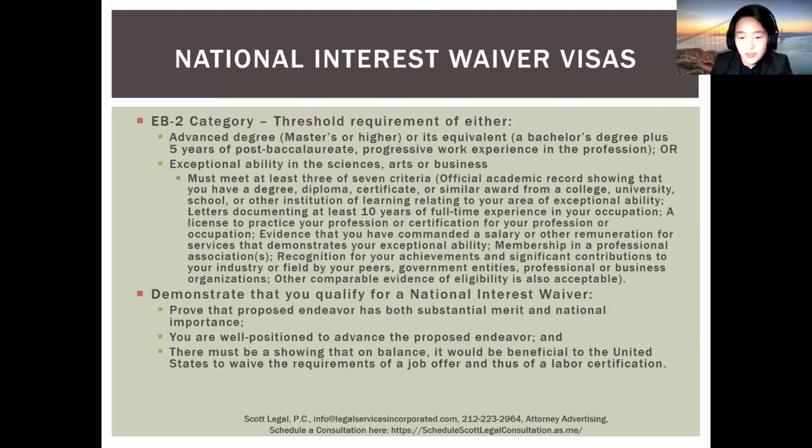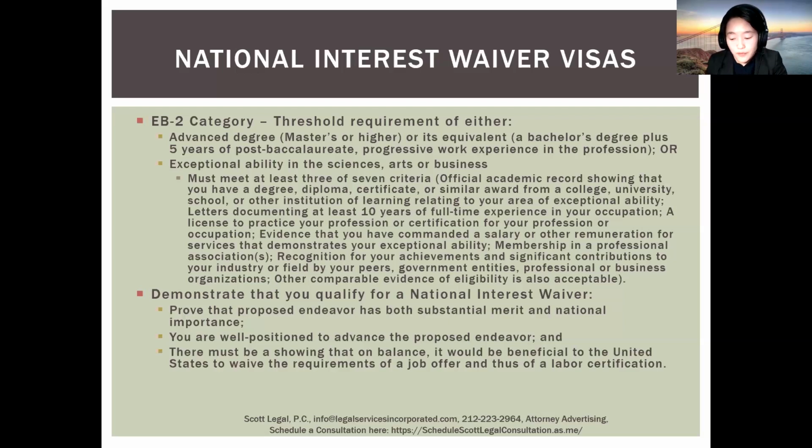And that includes things like official academic records showing that you have any degree relevant to your field, at least 10 years of full-time work experience in your field, evidence that you have commanded a high salary compared to others in your field, and evidence that you have been recognized for your achievements in your field through things like awards, media mentions, those public recognitions of things that you have done that really set you apart from others in your field.